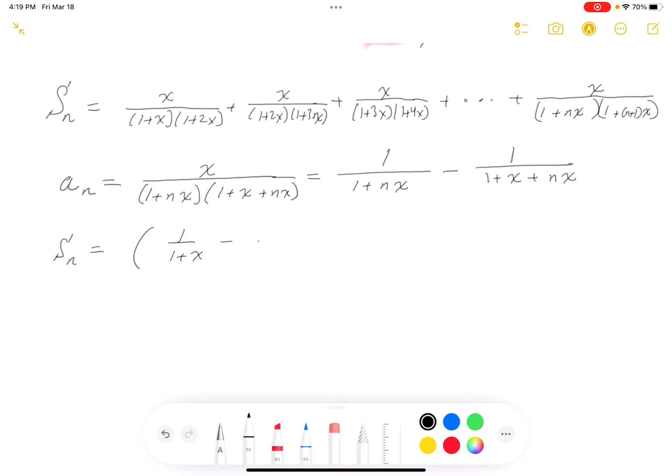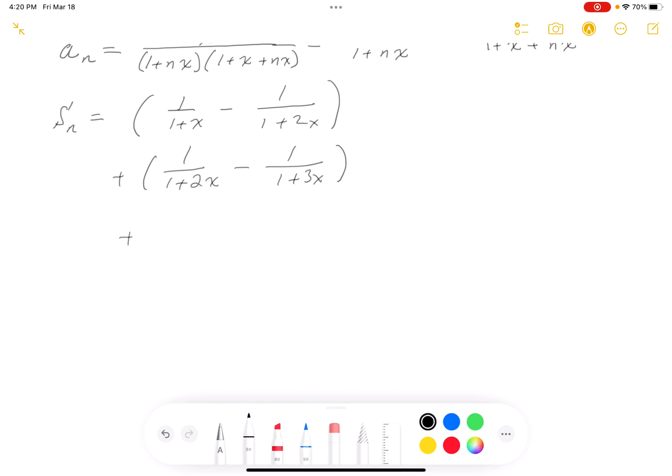Minus 1 over 1 plus 2x. All right, let's write the next term down. Plus 1 over 1 plus 2x minus 1 over, well, that's going to be 1 plus 3x, right? And you know me, I like to write 3 terms down. Sometimes I do more than that, though.